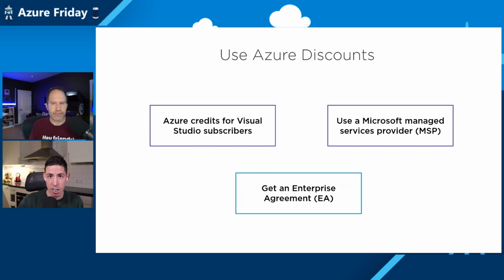And within an enterprise agreement, I already said that as well, you can also prepay for several services where you commit, well, I'm going to spend $1 million on Azure this year. I know this already. And so because I know this, I can prepay this, and therefore I can get a hefty discount as well. So talk to Azure, talk to Microsoft as well for these discounts, because they are definitely available and they can be large.